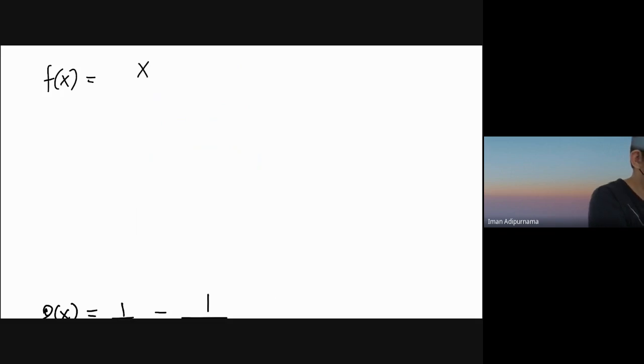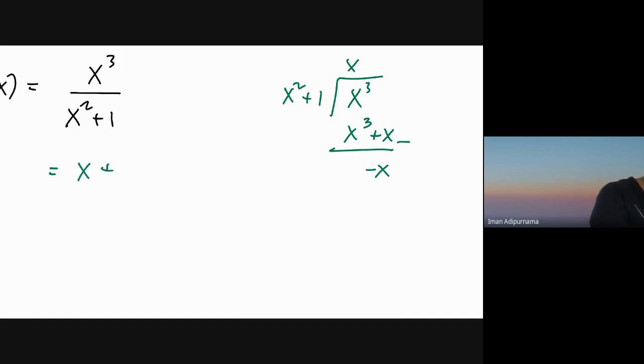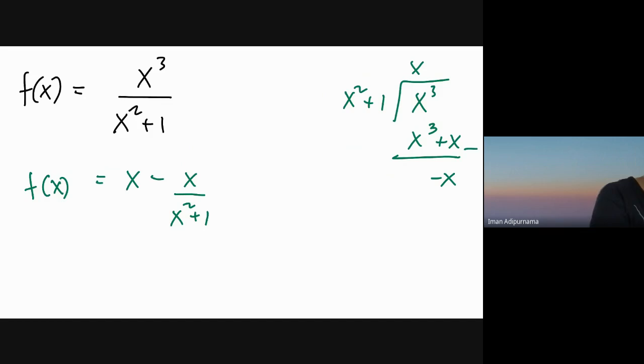So if we have, let's say, x cubed over x squared plus 1, this form you can rewrite using division, so this will be x plus a remainder term, minus x over x squared plus 1. So you can exchange this form, right?